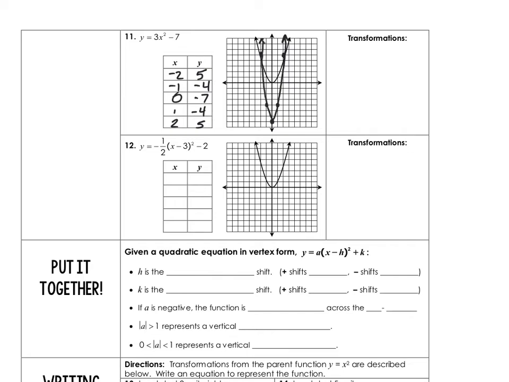Now we're comparing this graph to our previous parent function. And the transformations that happened: I can tell that this graph is much longer and much skinnier than the parent function because this was stretched by a factor of 3.